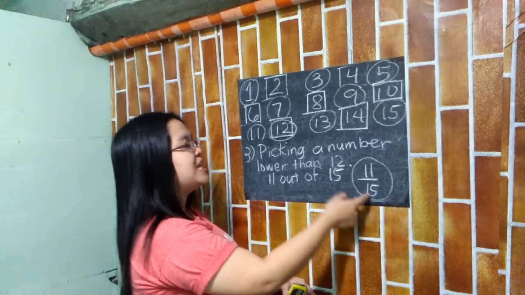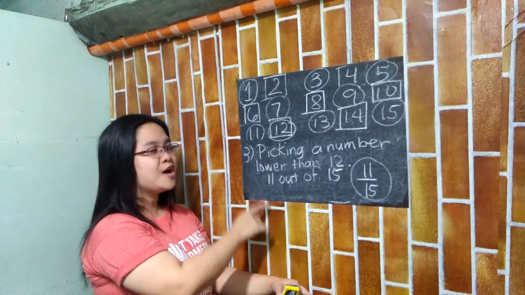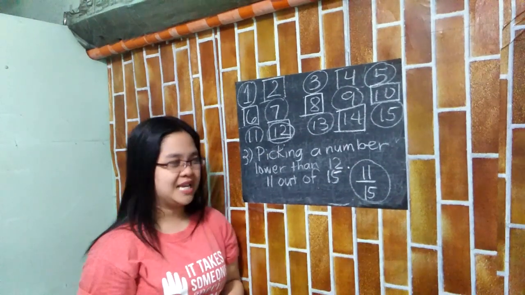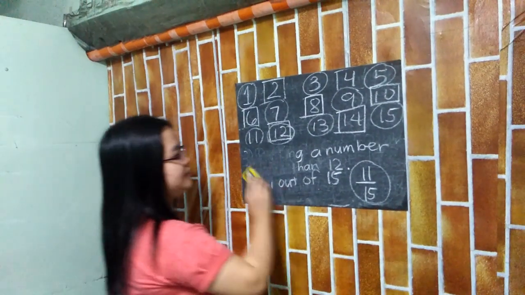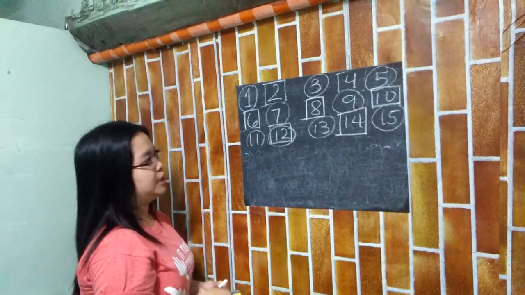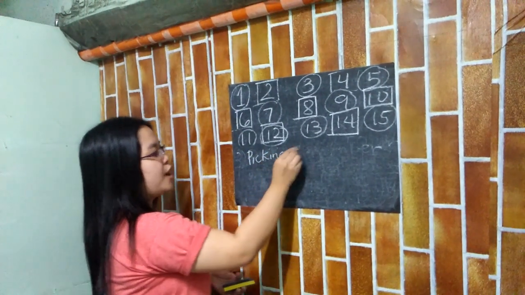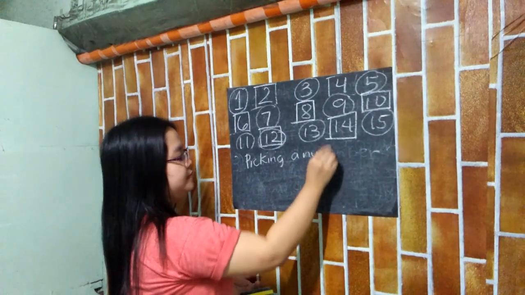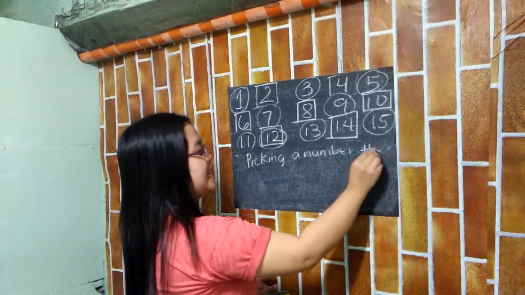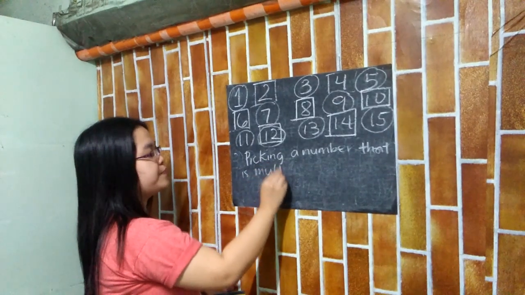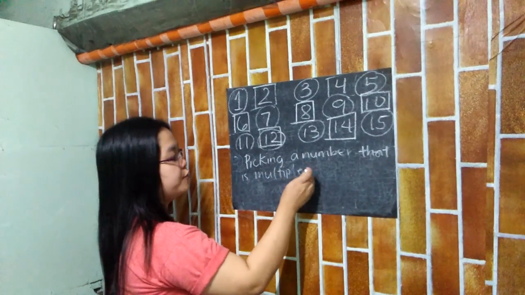So our probability for this event, taking a number lower than 12, is 11 over 15. Next, another example. Taking a number that is a multiple of 3.